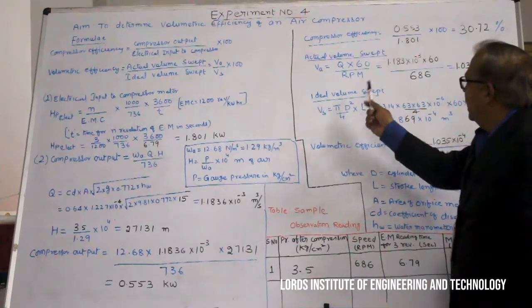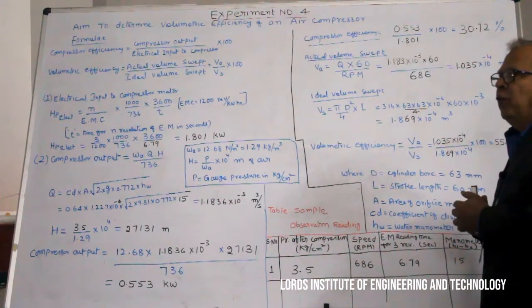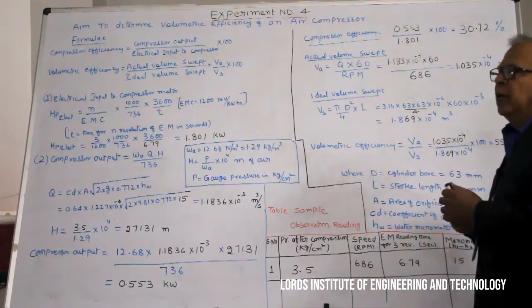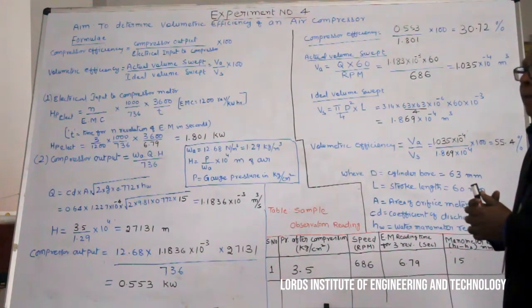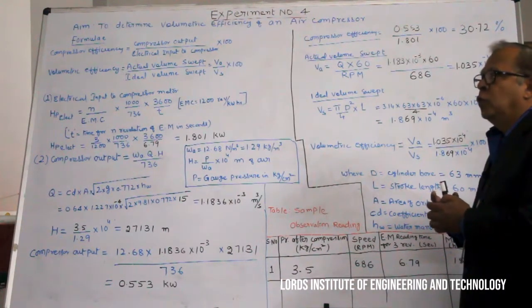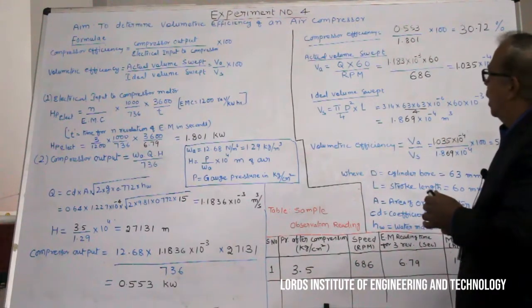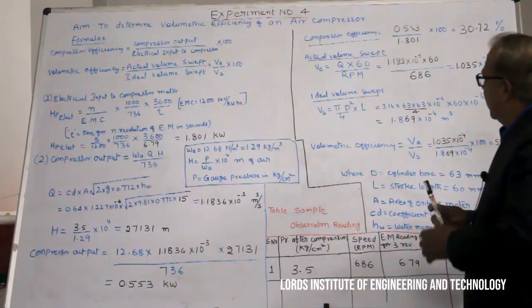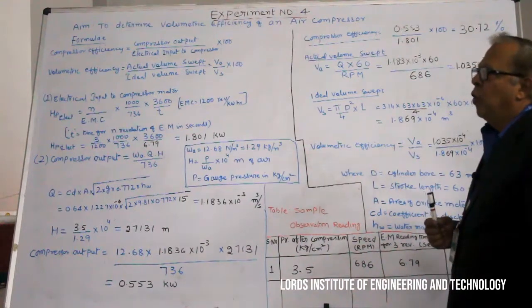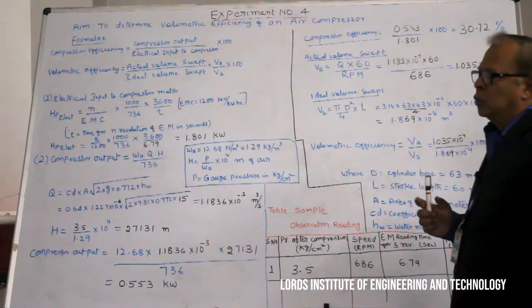Now the ideal swept volume of the compressor is given as pi d square by 4 into L, that means the diameter of the cylinder and the length of the stroke. Volume is nothing but area into length.